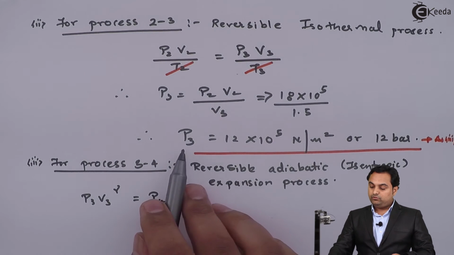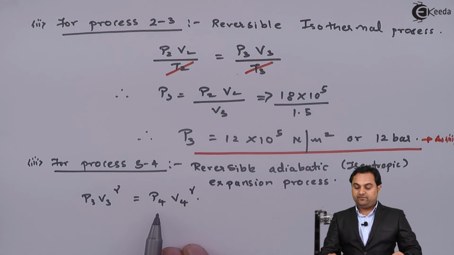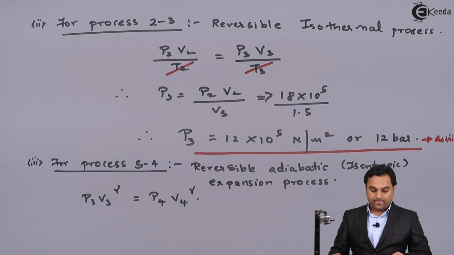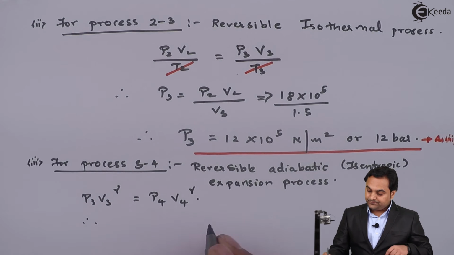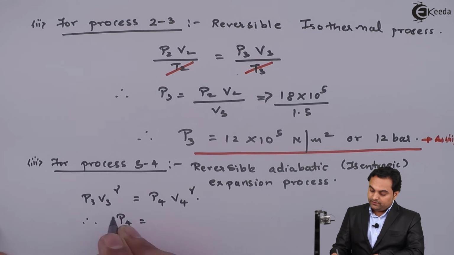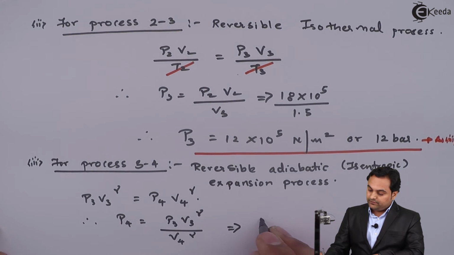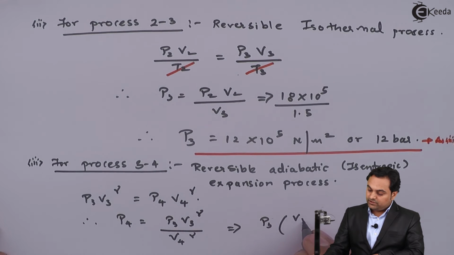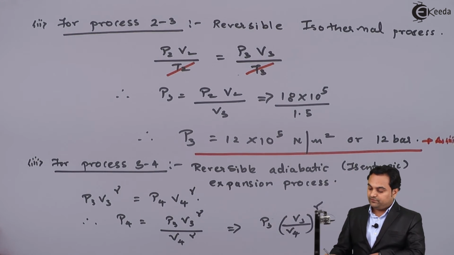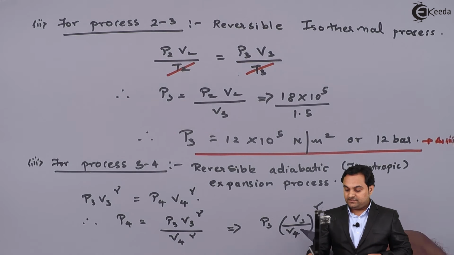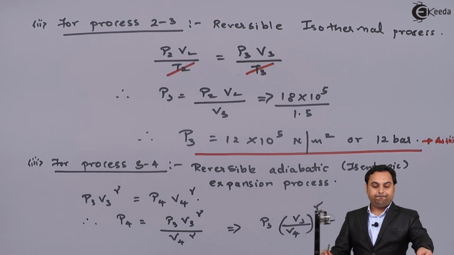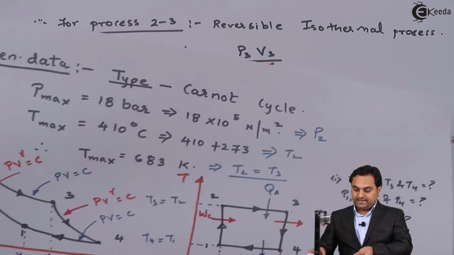Now we have found out the value of P3. Next I would be calculating the value of P4. So P4 will be on one side, P3 V3 raised to gamma, V4 raised to gamma will go in the denominator, so that will be P3. Next, V3 by V4 I'll take as common and gamma will be common to both of them. Now this is the ratio of expansion.